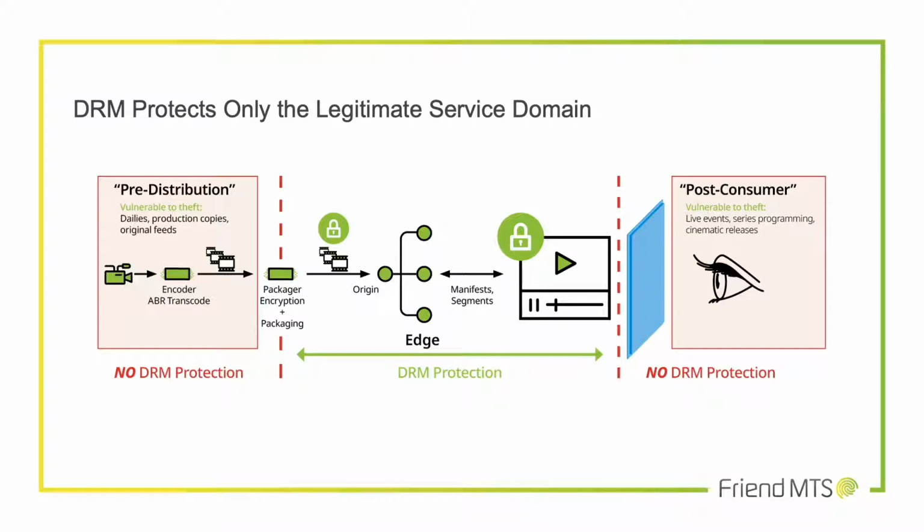So once the device presents to the consumer, the eye, shown here, via its display, the blue pane of glass, shown here also, the DRM plays no part in providing any additional protection.